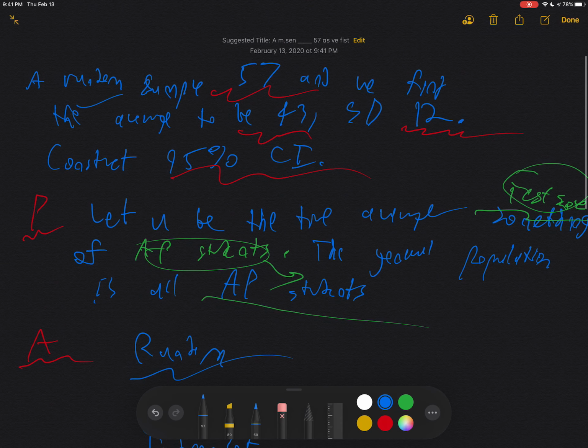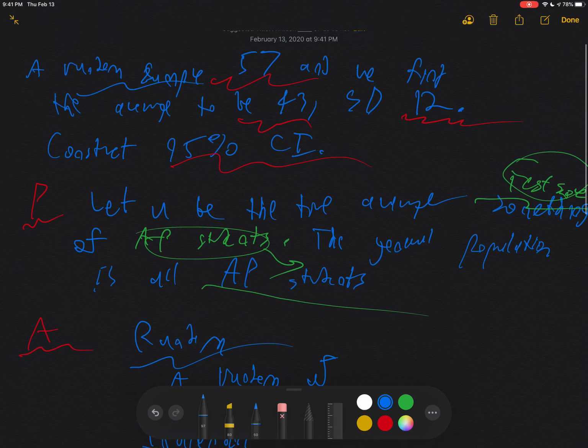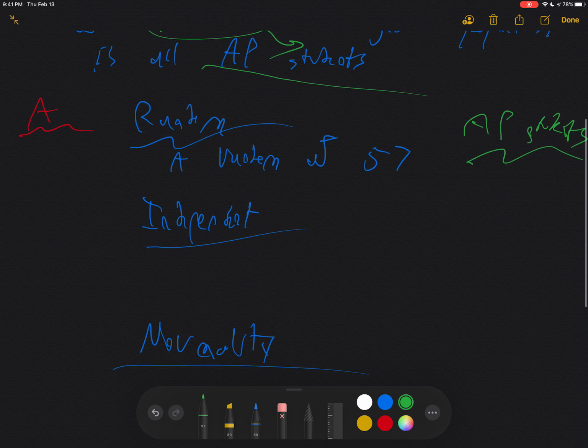For random, you just look in the problem and you just say it's a random sample of, I don't know, what is it, 57, and then whatever, in our case it'd be AP students. And then for independent, you need to use the independence rule, which is 1/10 times the total population size needs to be greater than the sample size.